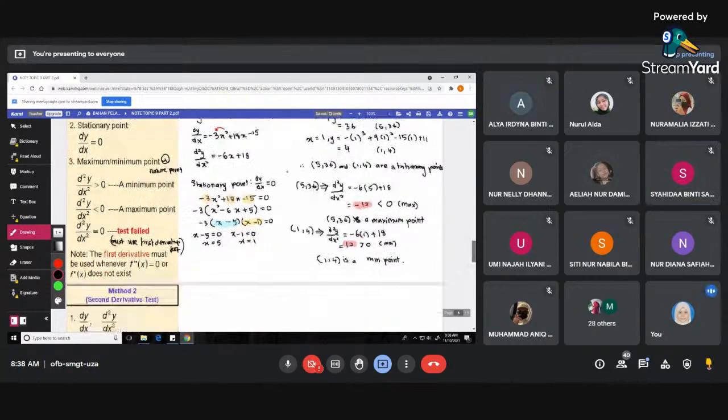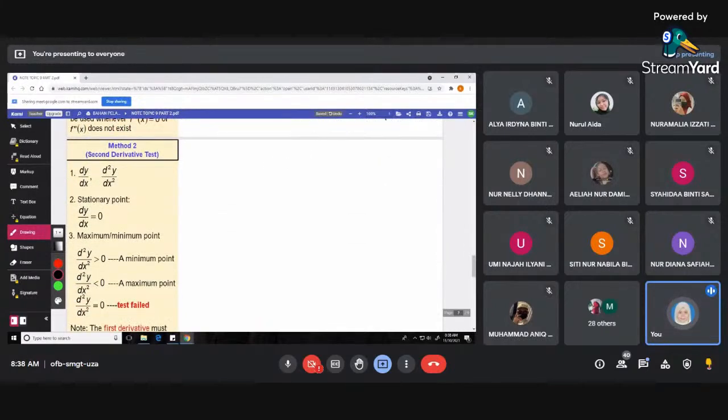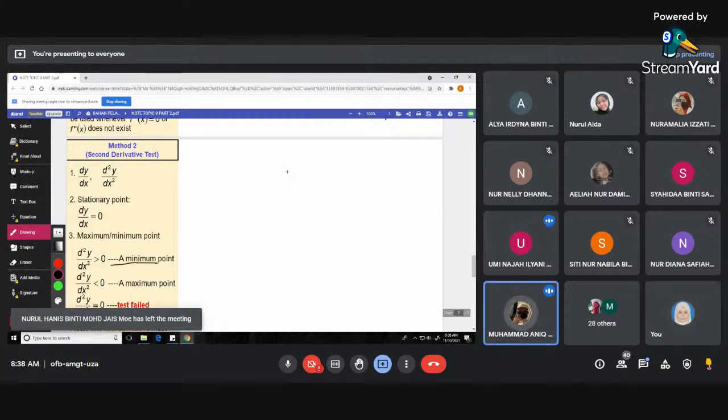Boleh. Ni last example tau untuk lecture hari ni. Okay, ingat, kalau second derivative: first dy dx, d2y dx square, lepas tu baru cari stationary point. Lepas tu kita masukkan stationary point awak dalam d2y dx square. Kalau nilai tersebut greater, kita sebut apa? Minimum point.